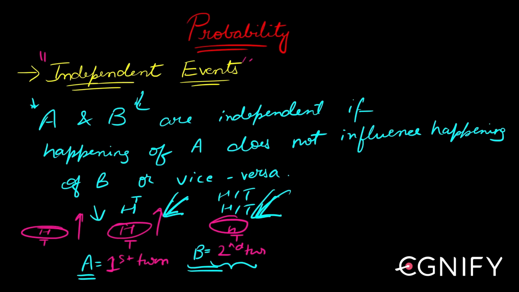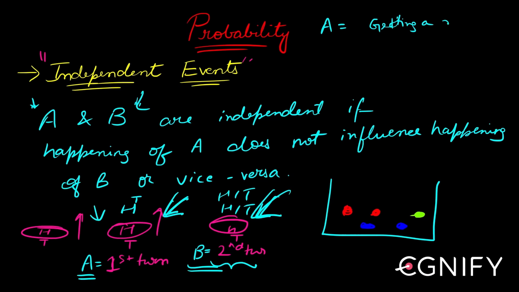Likewise, you might have one more case where you have a bag filled with lots of colors. For example, it might have a couple of red balls, a couple of blue balls, and a green ball. Now say my event A is getting a red ball in the first attempt.